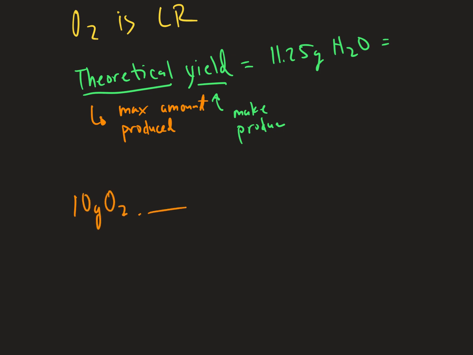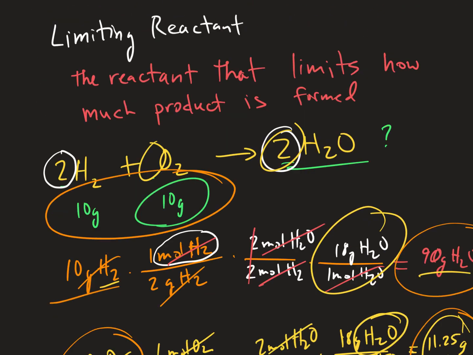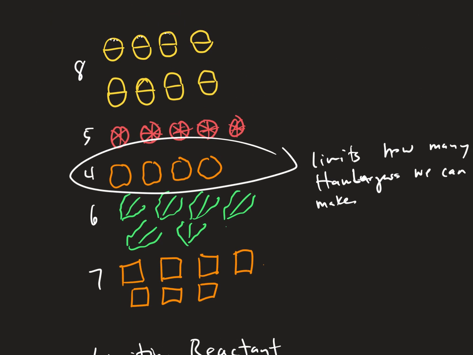And we want to know how much extra hydrogen gas we have. So what are we going to convert this to? If we go back to our hamburger problem, how much extra buns do we have? We have 8.